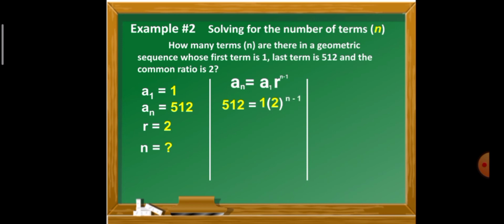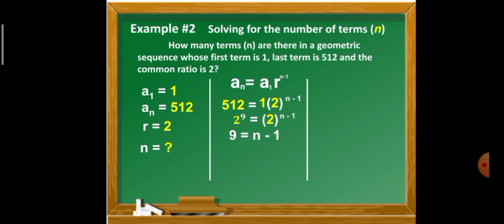So from 512, gagawin natin siyang 2 raised to 9. Magkaparehas lang yan. Bakit 2? Kasi para magkaroon siya ng kaparehas doon sa kabila. Then we have 2 raised to n minus 1. Ngayon, parehas na sila. So kung parehas na sila, pwede na natin gamitin ang exponent.